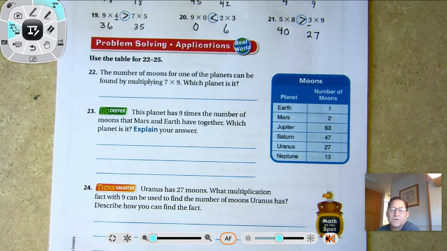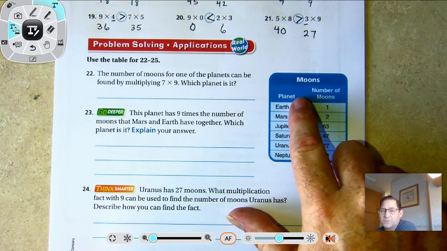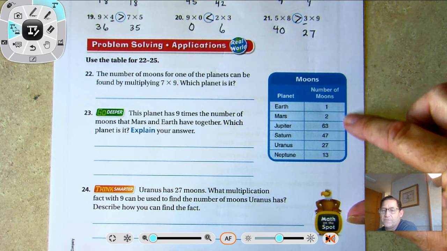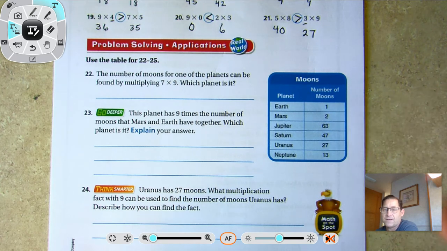All right, use the table for 22 through 25. So before we look at the problem, let's make sure we understand the table itself. The table is talking about moons, and we have these planets, and these are the different number of moons for each of the planets. Okay, so that makes sense.